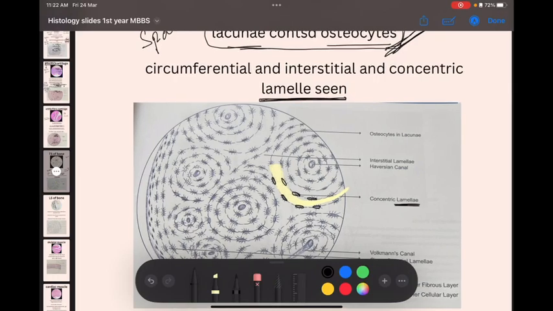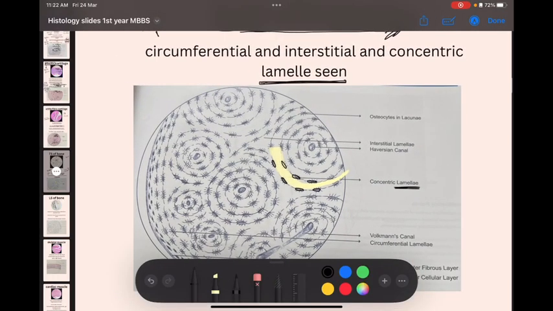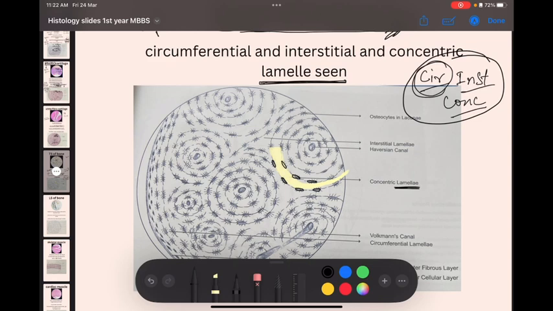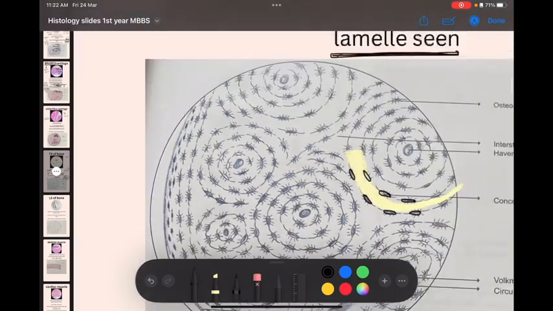So among the lamellae we have three types of lamellae. Which are the three? The circumferential, interstitial and concentric. Circumferential is the lamellae that is present on the circumference of the bone.